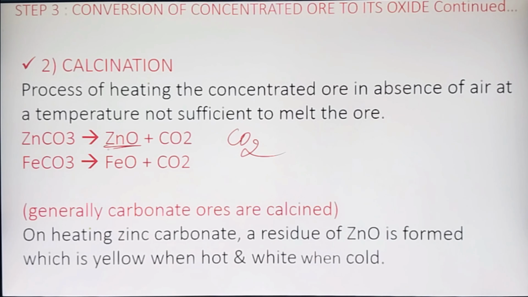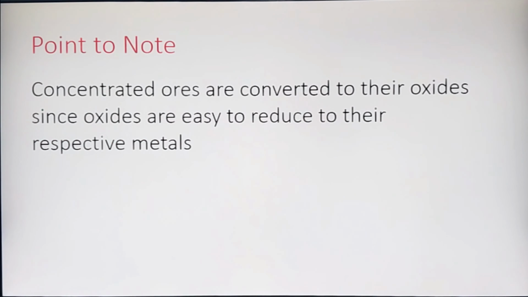So what is remaining here? It is zinc oxide. You have to remember the residue color of zinc oxide. It is yellow when hot, white when cold. Clear? So what is the color of zinc oxide? Please remember this. It is yellow when it is hot and it is white when it is cold. Okay, this is the speciality of zinc oxide.